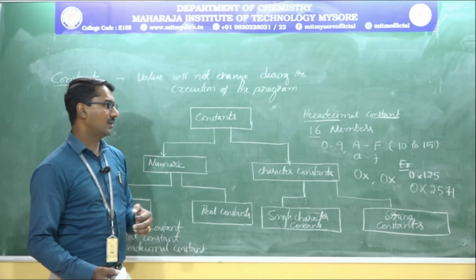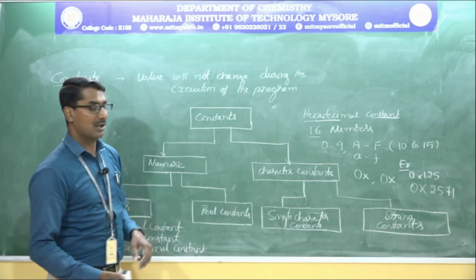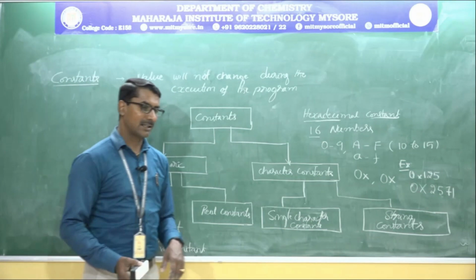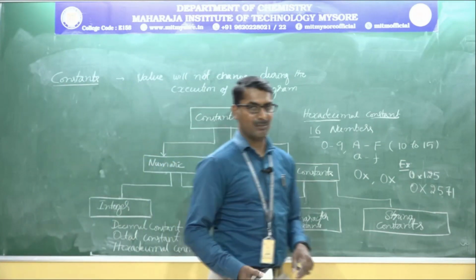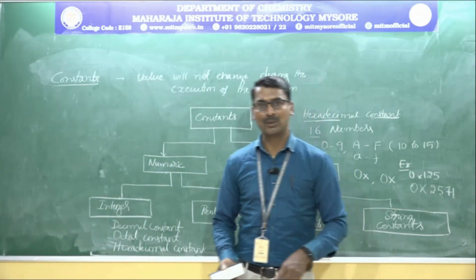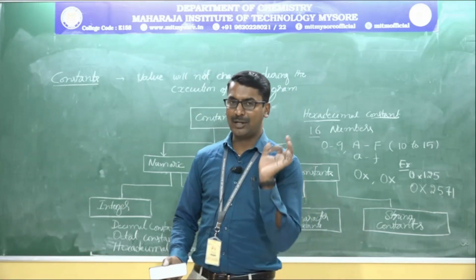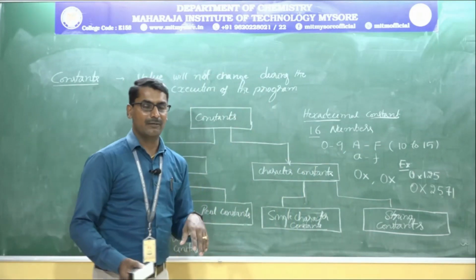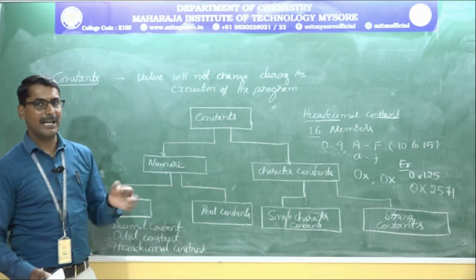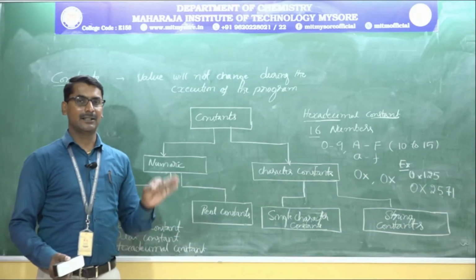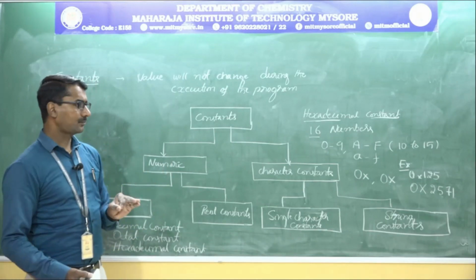The last constant is the hexadecimal constant. The hexadecimal constant consists of 16 symbols, 0 to 9 and A to F. We can write A to F as capital or small letters. A to F indicates 10 to 15.